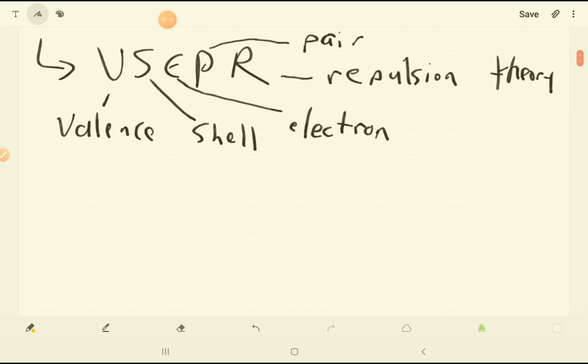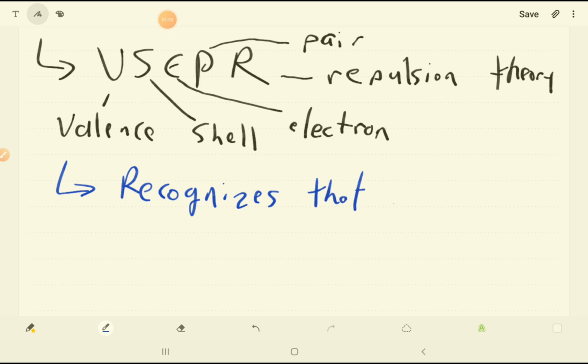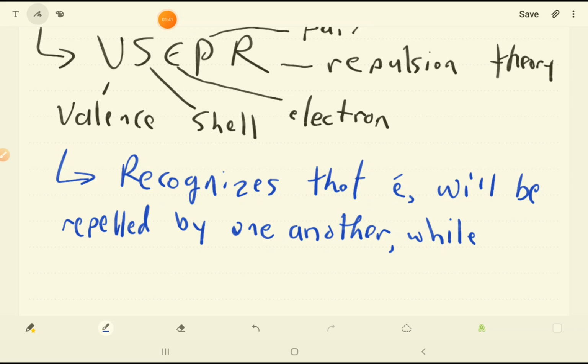And what this states is that it recognizes that electrons will be repelled by one another while simultaneously being attracted to the nucleus, because there's a whole collection of protons in the nucleus.